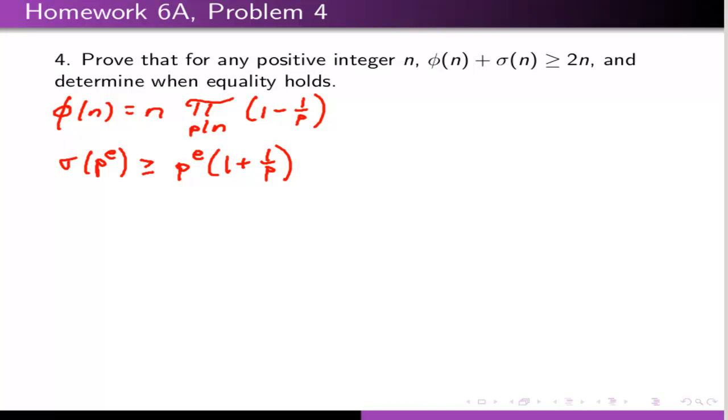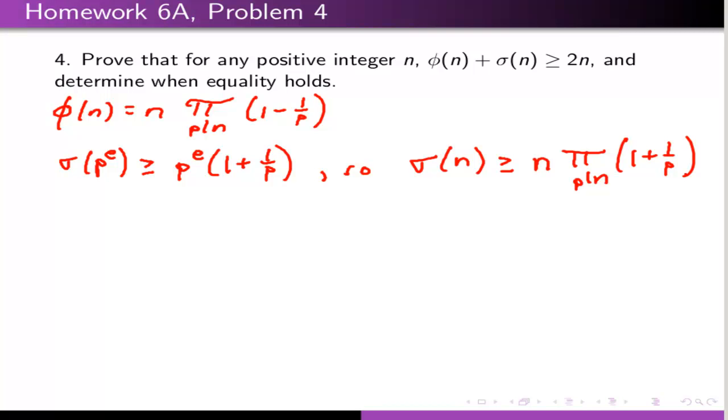Okay, right. And so sigma of n is greater than or equal to n times the product over p dividing n of 1 plus 1 over p. Okay, so use this type of inequality.